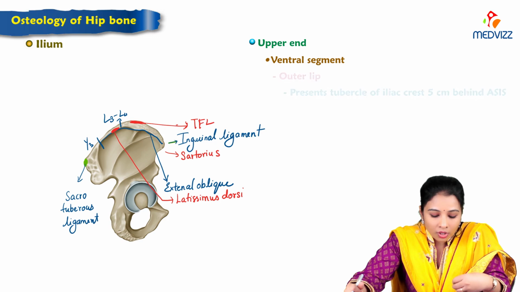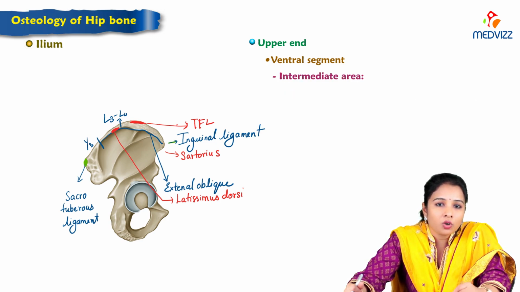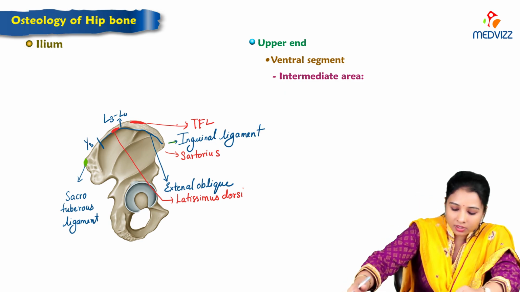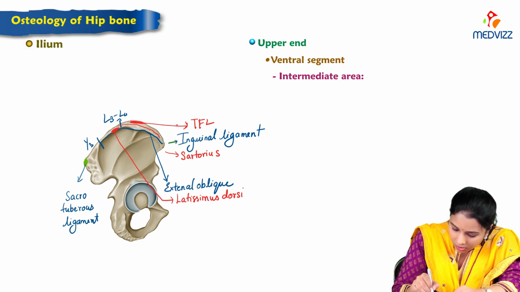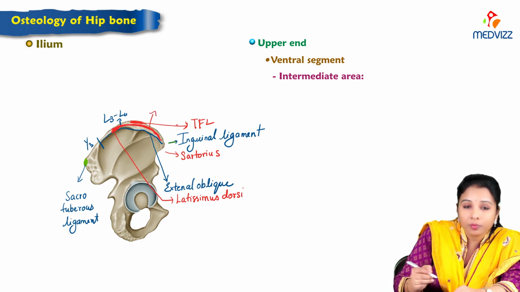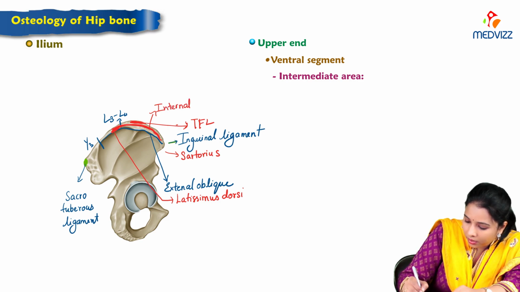And talking about this intermediate area, it provides origin to the internal oblique muscle along its whole extent. So this intermediate area provides origin to the internal oblique muscle.